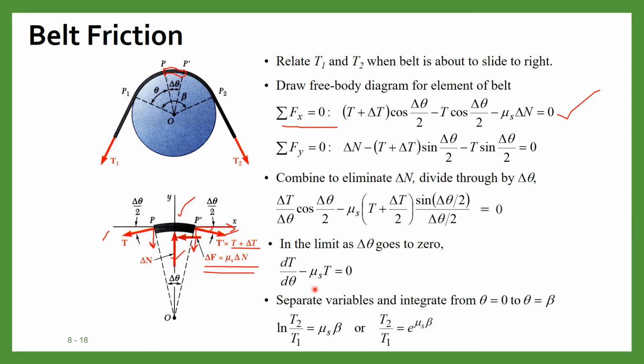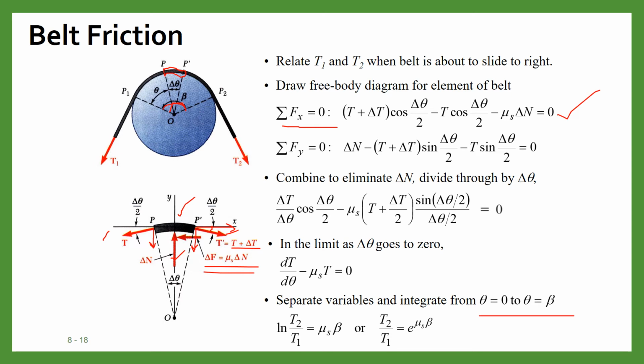You can easily solve this by using the variable separable method, and you can integrate it from theta equal to 0 to theta equal to beta, because your angle is changing, maximum angle is this beta and minimum possible angle is 0.